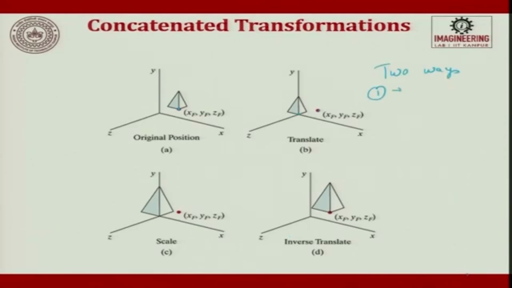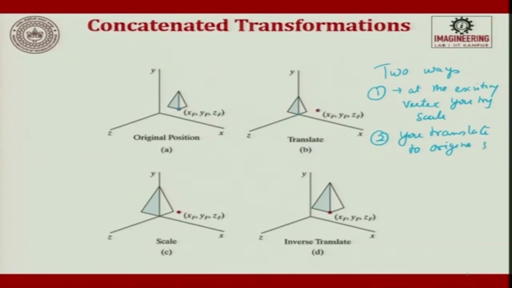First way is at the existing point itself, existing vertex, you try to scale. Second, you translate to origin, scale it and then translate to that point.